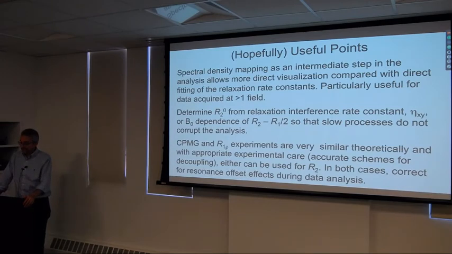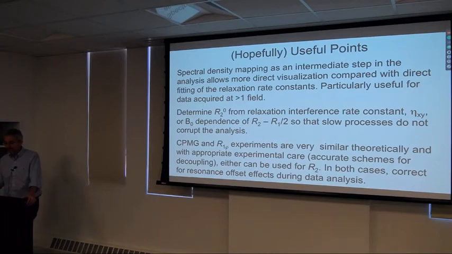R2 is usually measured by either the CPMG experiment or the R1-rho experiment. They both in practice mix in a little bit of R1 relaxation, so that needs to be corrected, and there are schemes for correcting them.